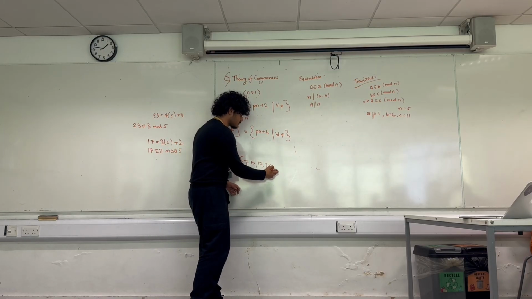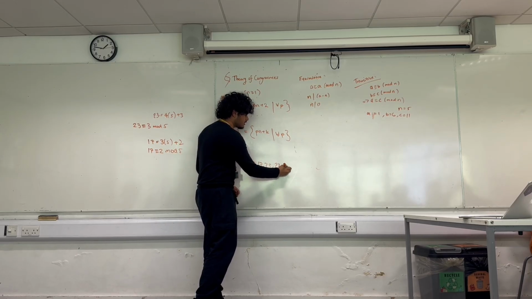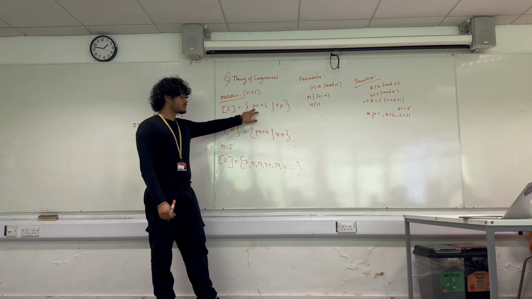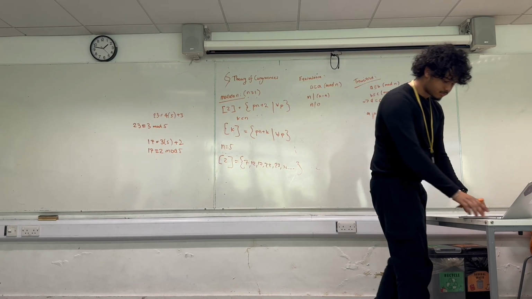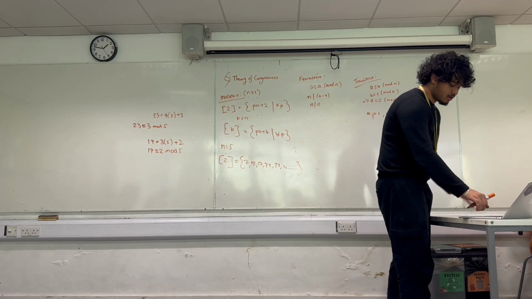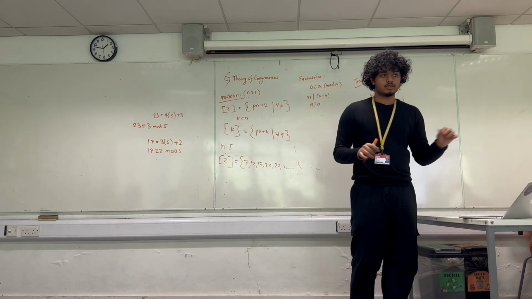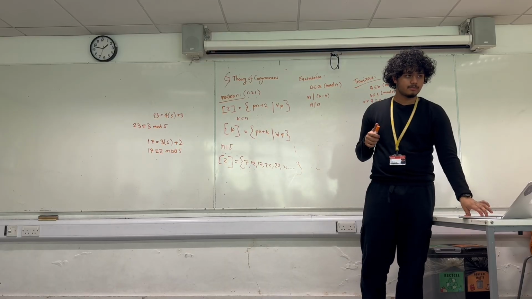Just keep shouting out. 27, 32, 37. I keep adding on 5 every time because I'm just incrementing p by 1, right? That is the idea of a congruence class. So you can say when two integers are congruent to each other, every single integer in a congruence class is congruent to each other. Nice, okay. Everything is making sense so far? Nice.